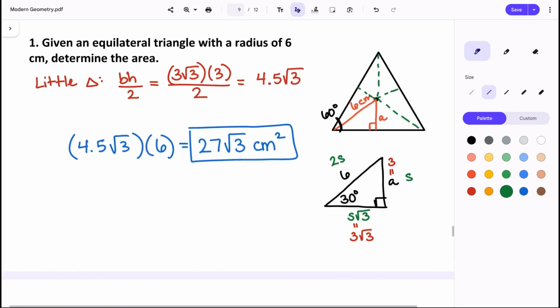Okay, there is another way we could have solved this. I'm just going to show you how this works. There is a formula-ish that we can use for regular polygons. It looks like this.